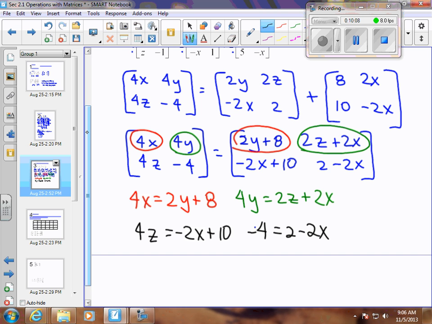Then you should be able to work backwards from some of these equations and find x, y, and z.